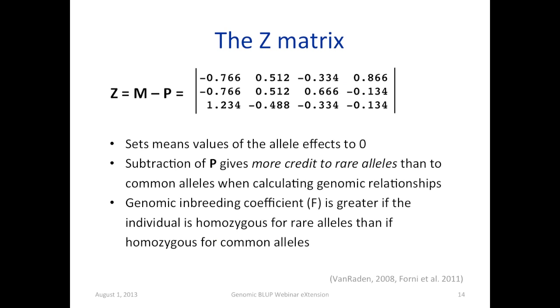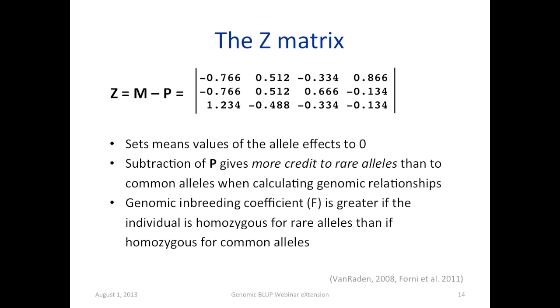So by subtracting the P from the M, we are giving more credit to rare alleles than to common alleles when calculating genomic relationships. Because really, rare alleles matter more than common alleles when we look at the relationships between individuals.